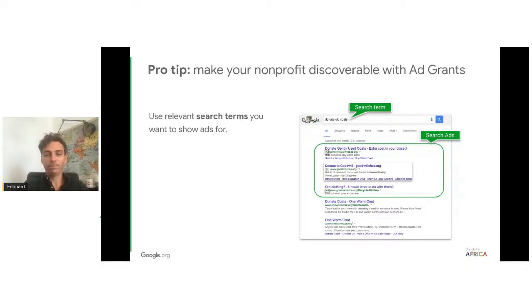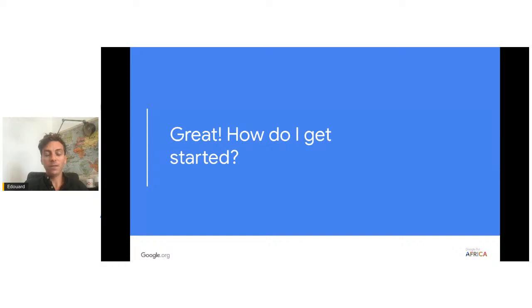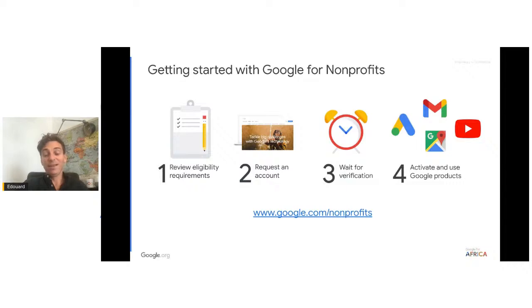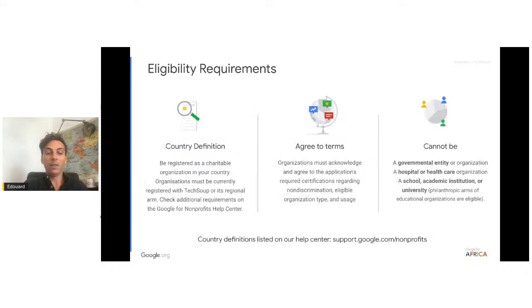So next question is: how do I get started? Well, getting started with Google for Nonprofits starts with registering to our program. So we count on you to review the eligibility requirements that are the following, mostly.